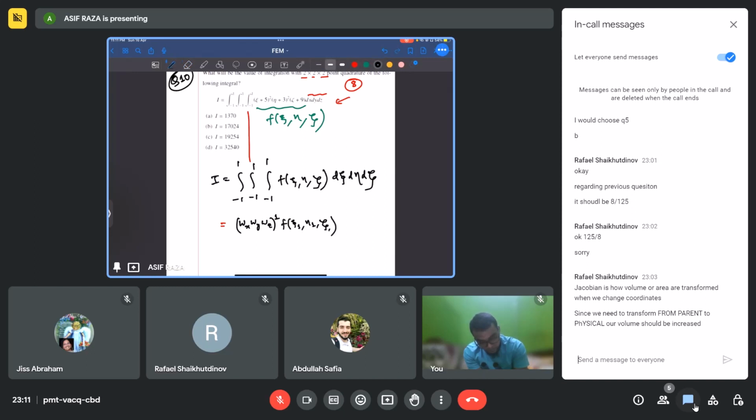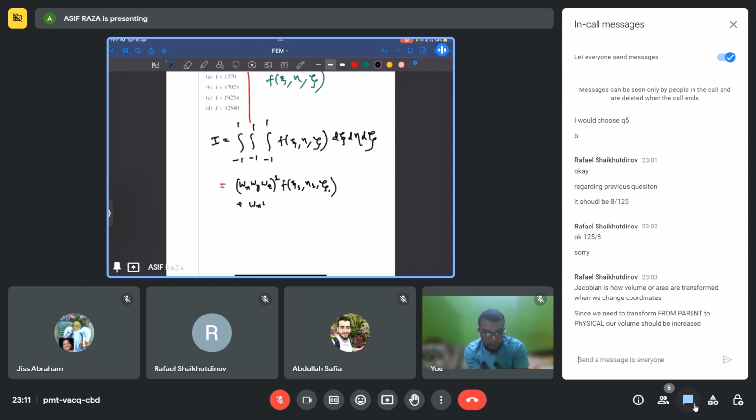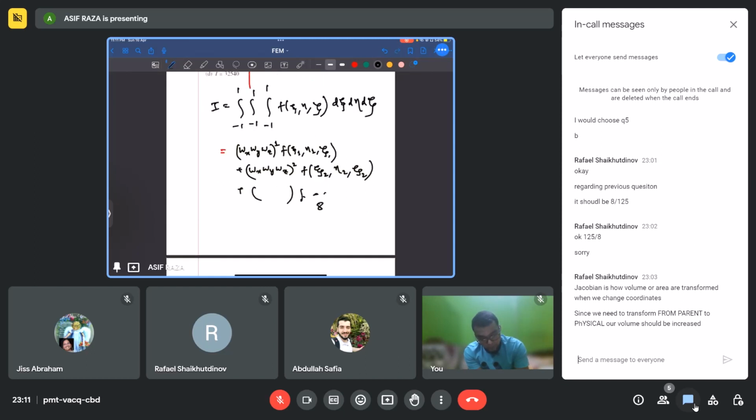Similarly, wx, wy, wz are the weights for point 2, and so on. Similarly we will follow till point 8, that is wx, wy, wz for point 8, times f(psi8, eta8, zeta8).